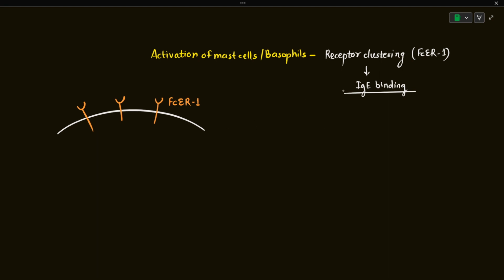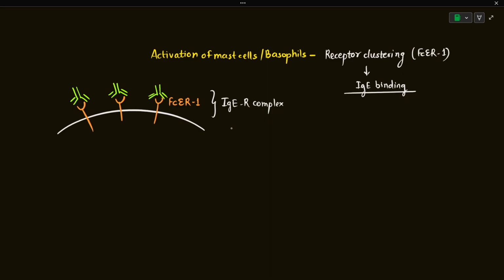There are multiple ways by which this is controlled. The IgE antibody is going to go and bind this receptor. Let's say this is the antibody. Now it is bound to the receptors, so let's call this the IgE receptor complex.